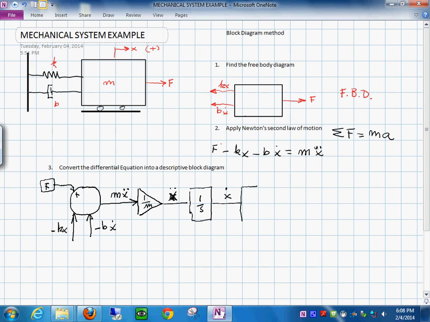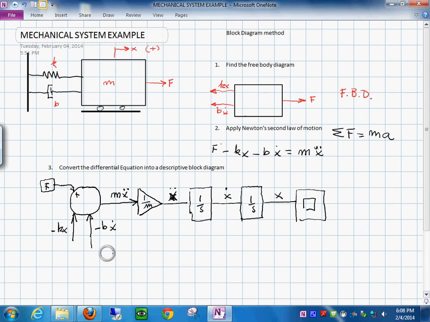And if you integrate it another time, this 1 over s would become x. And here we can, of course, put our scope so that we can see it. And in here you will have x dot.